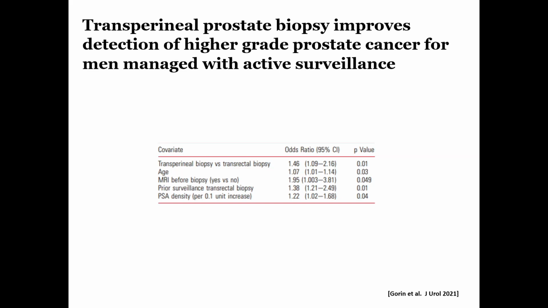This is an important finding given that any classification system of pattern 4 based on length would require detection of higher grade disease at a higher incidence and also quantification to be standardized. This suggests that transperineal biopsy may provide us a standardized technique to achieve better sampling and subsequently classification of risk.